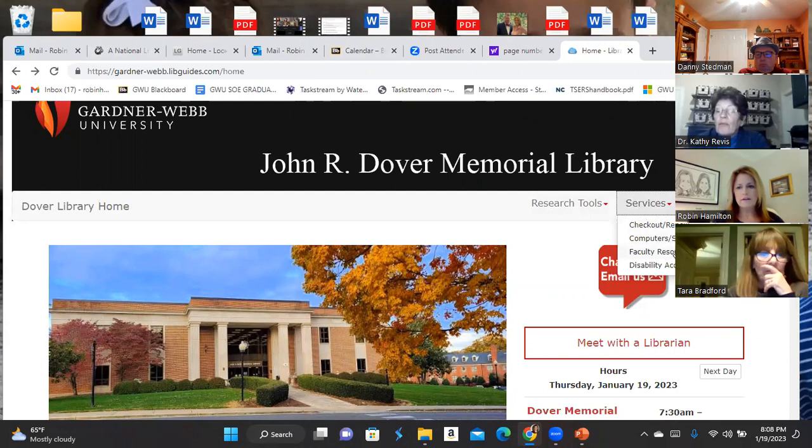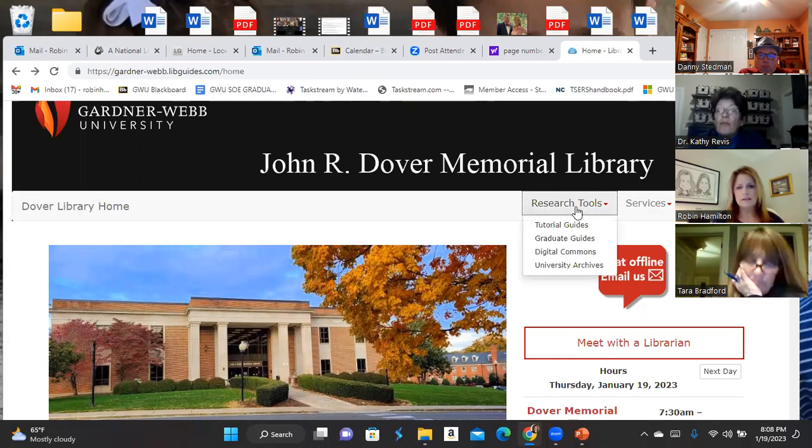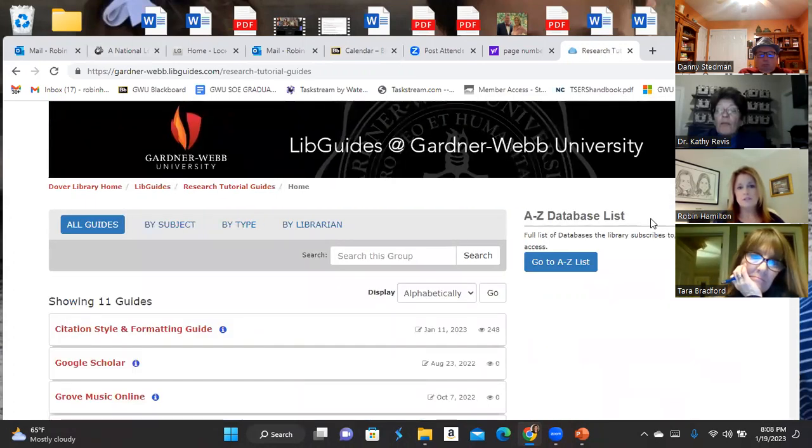And then different things, here's your staff directory and things like that, if you would want to be able to go there and find anything that you need to find at the Gardner Webb Library, the Dover Library.